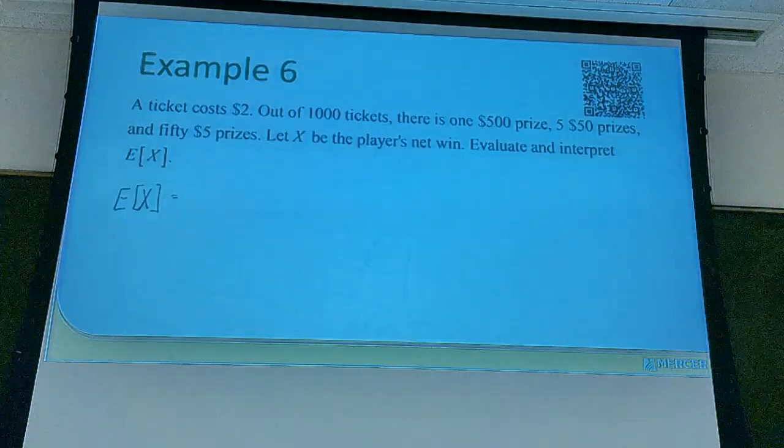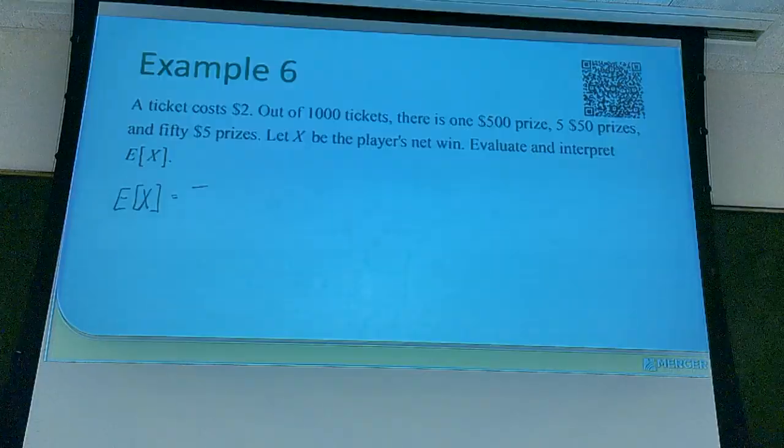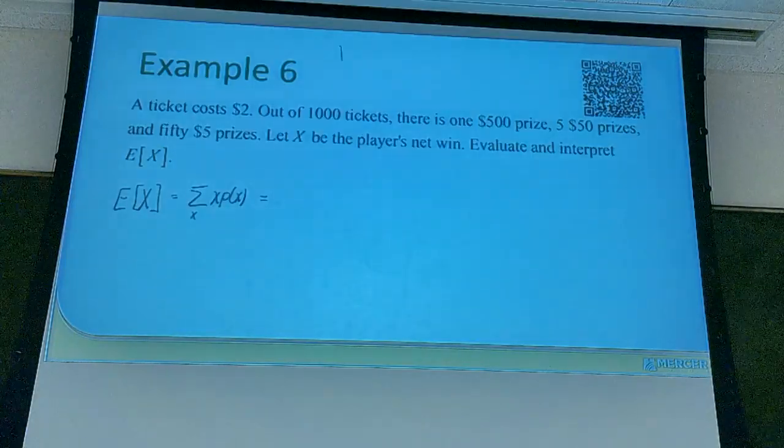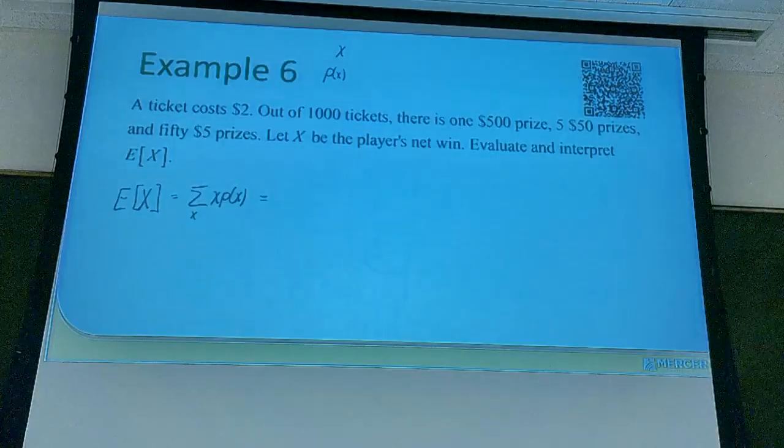Expected value, remember it's the sum of X times P of X. X is what? Net win. So if you want to, you can also first just form your table.